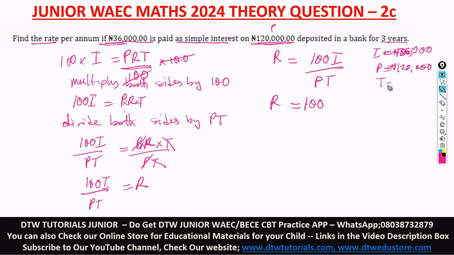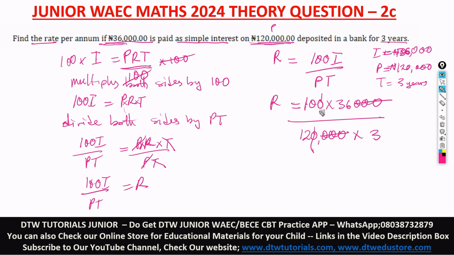And our time is 3 years. Okay, so now you have 100, put in your value for I, which is 36,000, over our P, which is 120,000, times our years, which is 3. So let's quickly cancel out the zeros. These 3 zeros will cancel out this 3 zero.